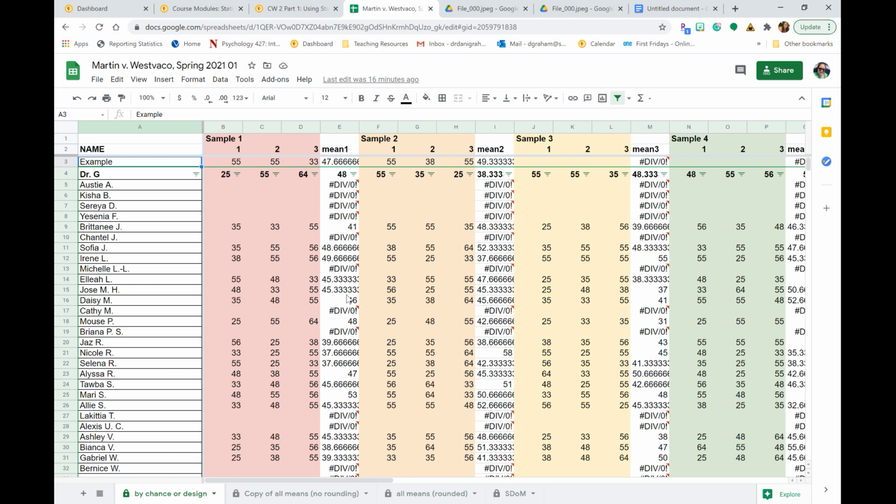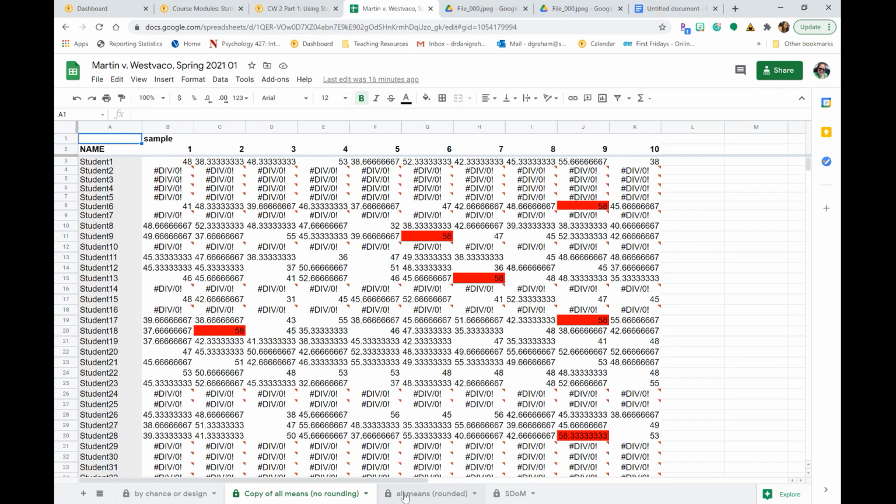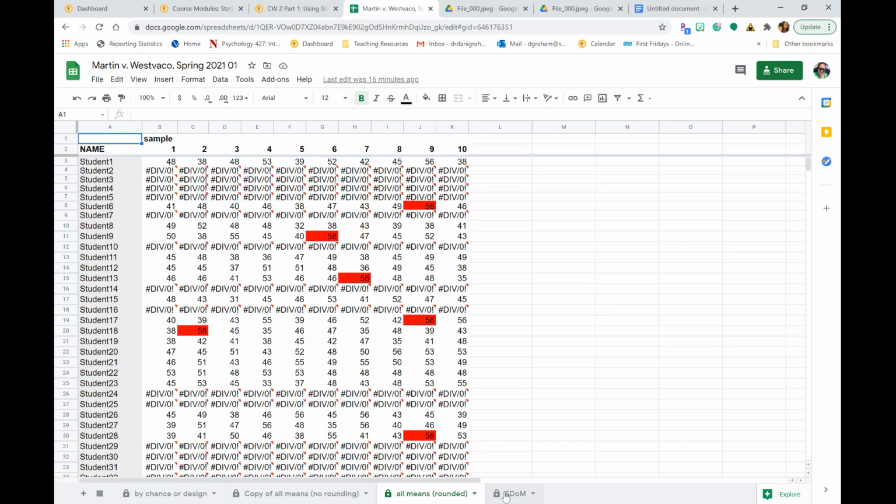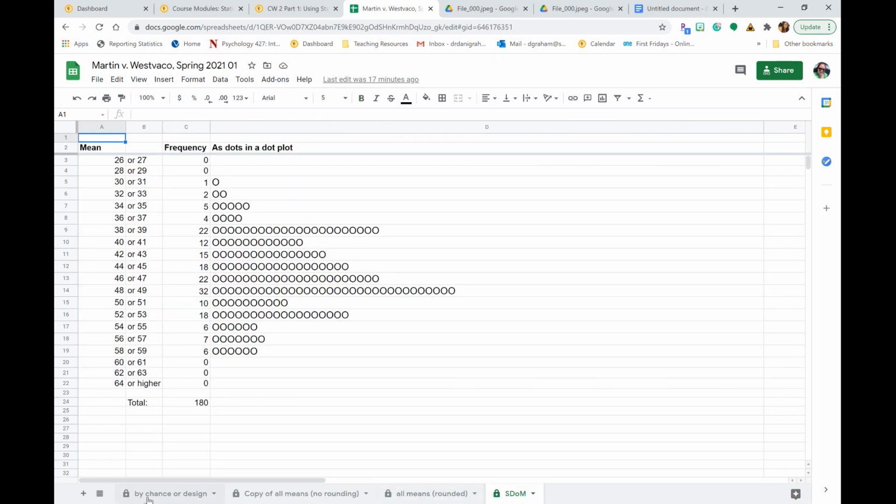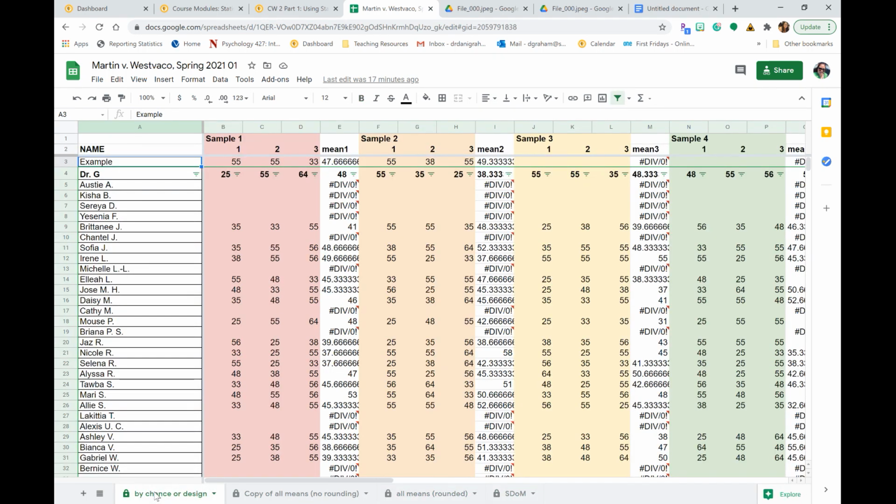Okay, so let's take a moment and walk through the different worksheets we have here to try to understand them a little better. You may have noticed there are different tabs that look different in here. So let's talk through what each of these are. This first sheet is where we entered the data for all of our simulated samples, and it was set up so that it automatically calculated the mean for each one of those simulated samples.